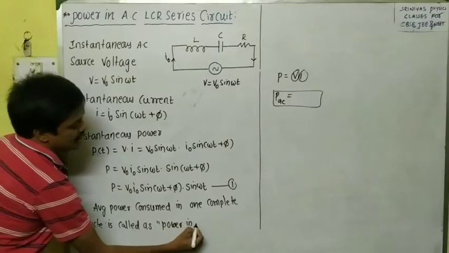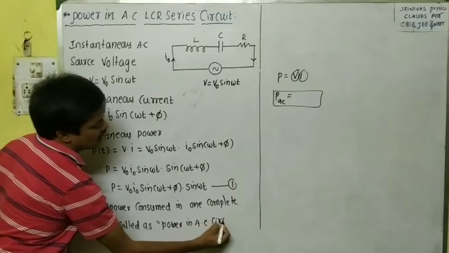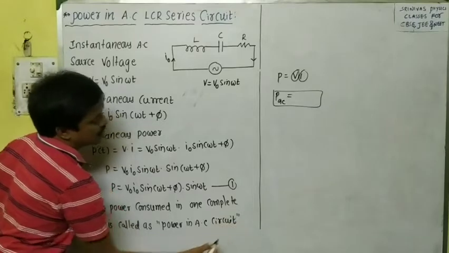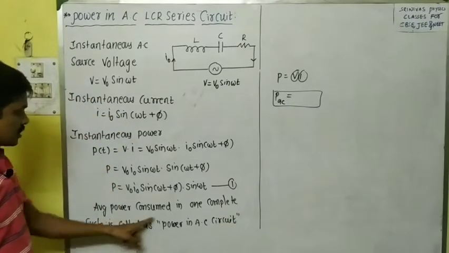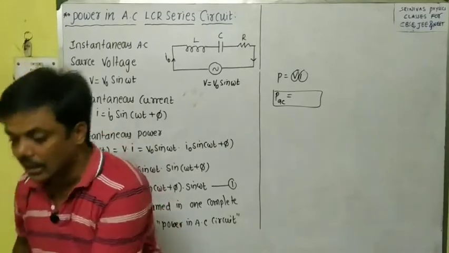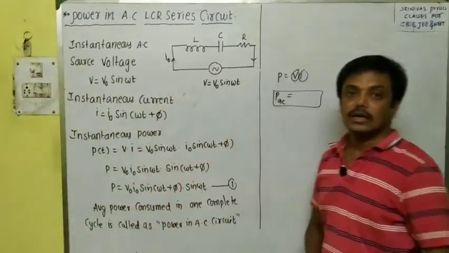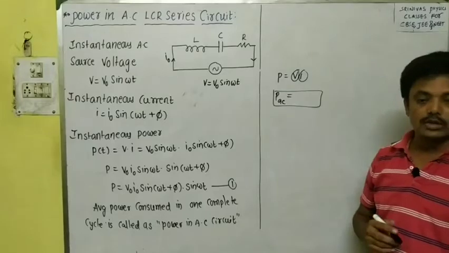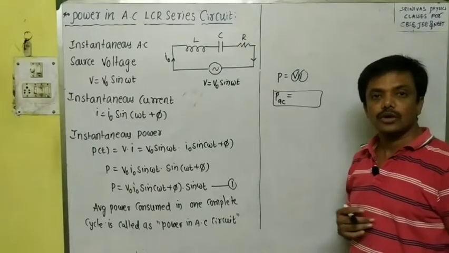How to calculate the average power consumed? Average power consumed in one complete cycle. One complete cycle means the time taken is called the time period. In that time period, how much power is consumed, that average power I am going to find out.